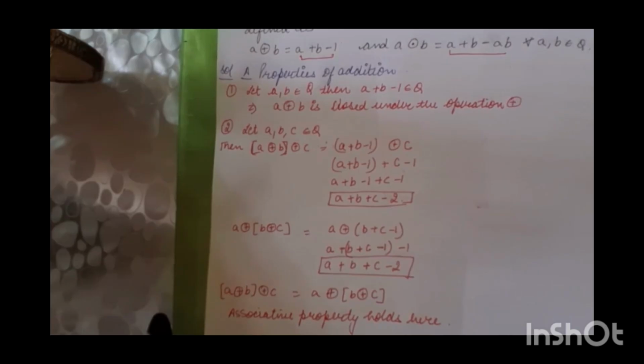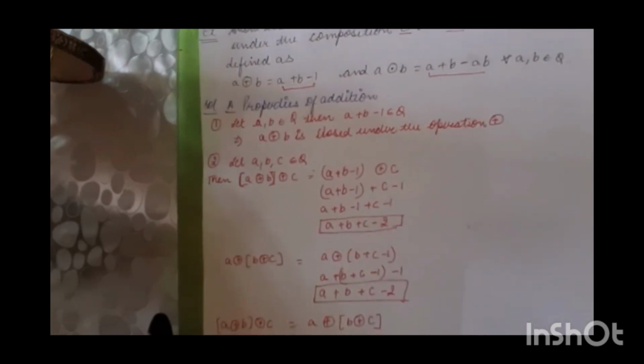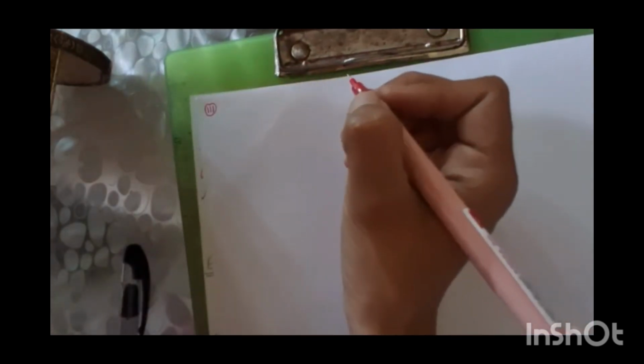Now what is the third property? That is existence of identity. Moving to the next page, you can see how I've done it. Take a screenshot if you want to. Now for the third property, the existence of an identity element, how do we do this?